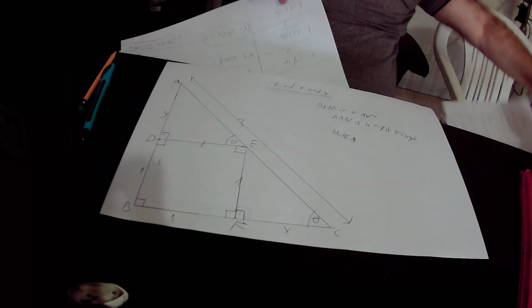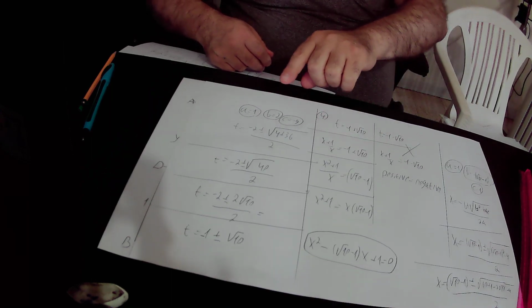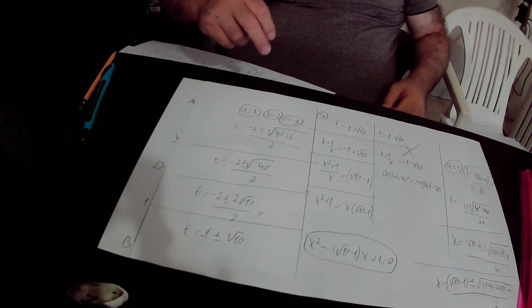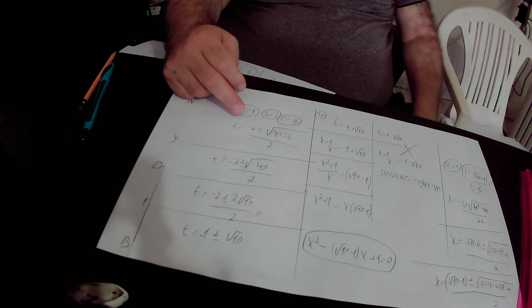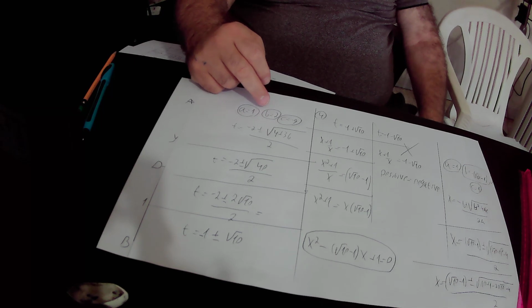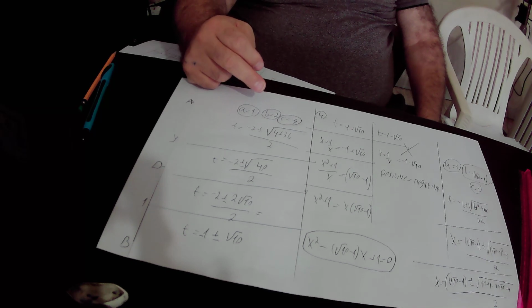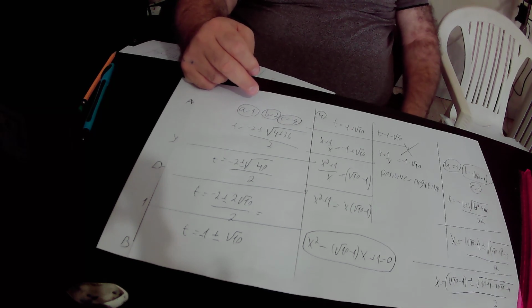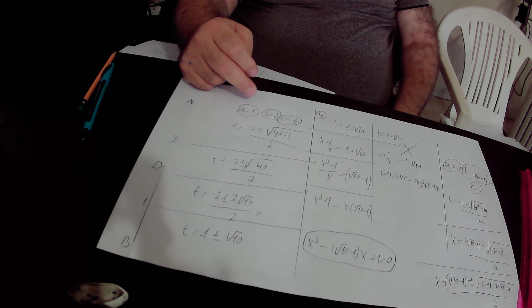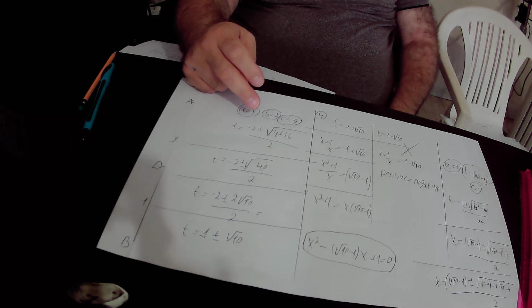Okay? So we put the data inside the formula for x equals t, so t equals minus b, b is 2, so minus b is minus 2, plus minus square root of b squared, b is 2, so b squared is 2 squared, 2 squared is 4, minus 4 times ac, a is 1, c is minus 9, so minus 4 times ac is minus 4 times minus 9 is plus 36, so inside the root we have 4 plus 36, all divided by 2a, that is 2.